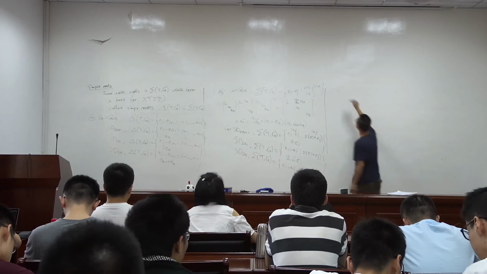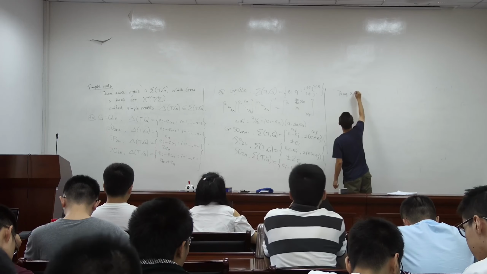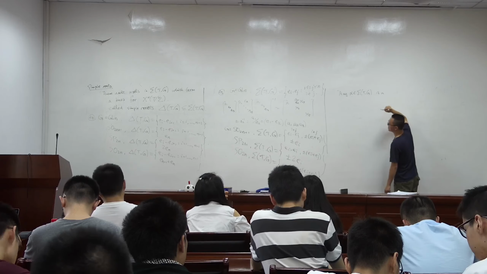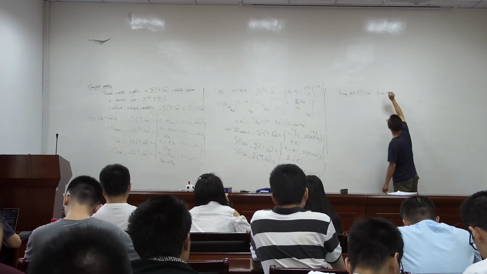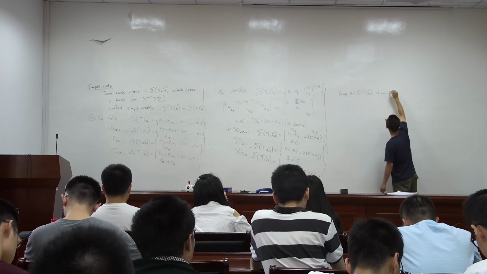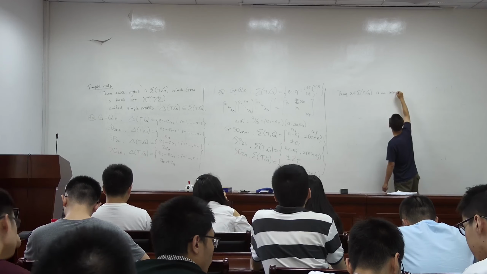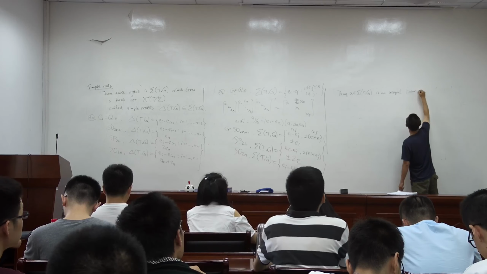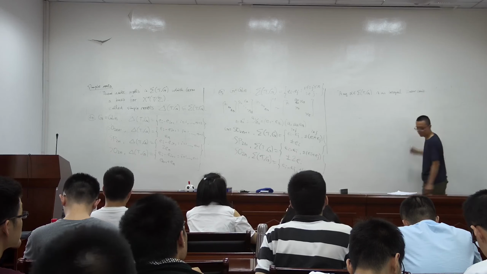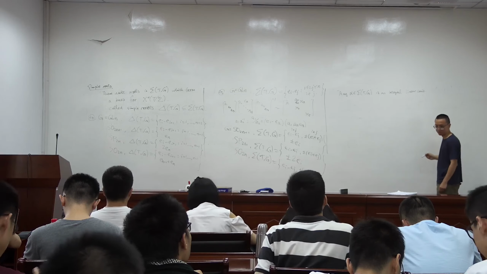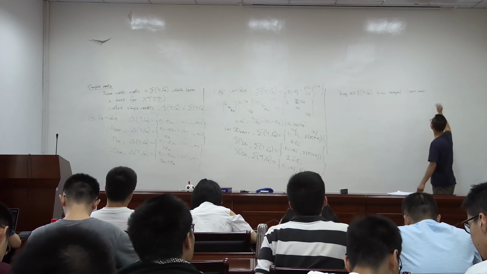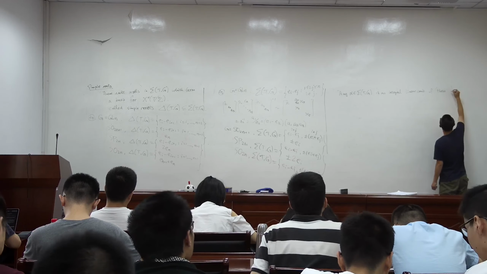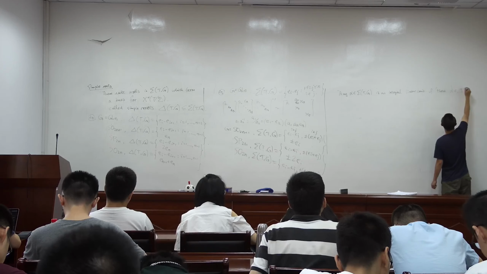So you can check any root is a linear combination with integral coefficients of those simple roots, the alpha here.